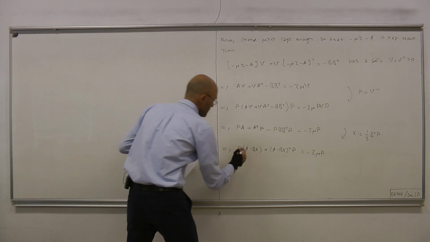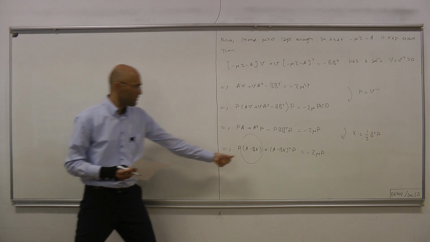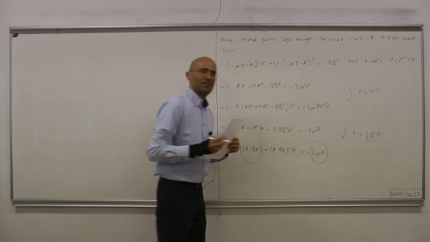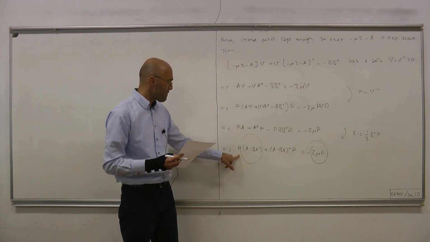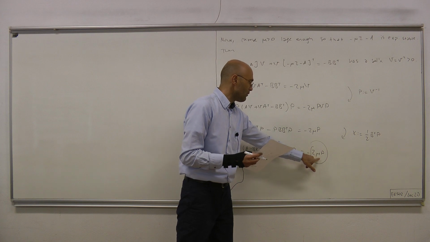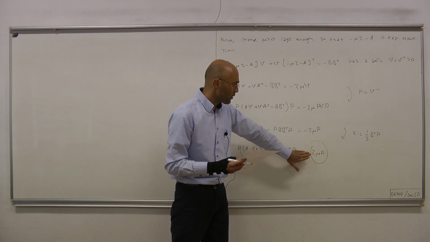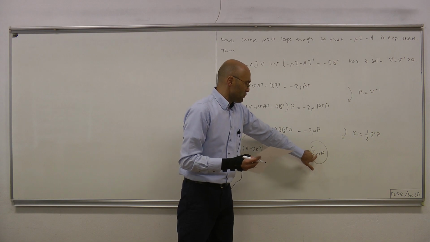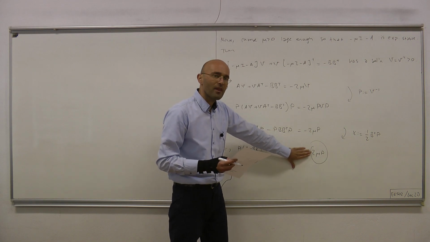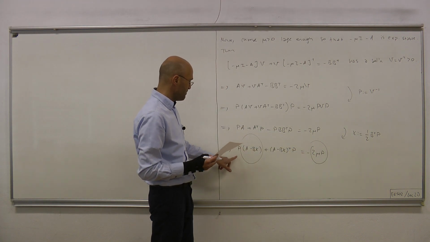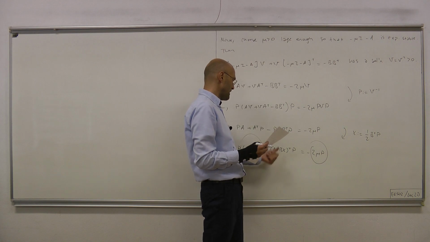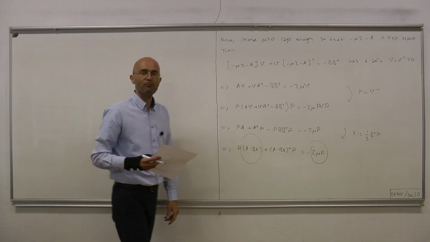Now if you name this matrix A tilde, and this matrix Q, what we have is P A tilde plus A tilde transpose P equals minus Q. This matrix Q is 2 mu P. Mu is positive, P is a positive definite matrix, therefore Q is a positive definite matrix.